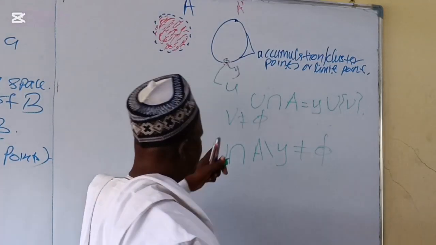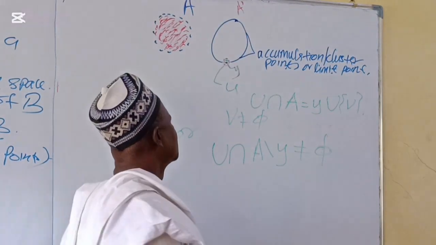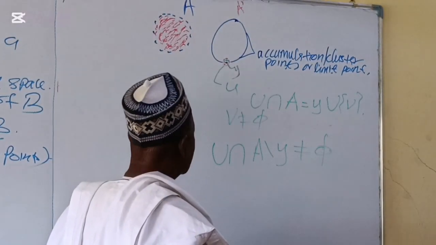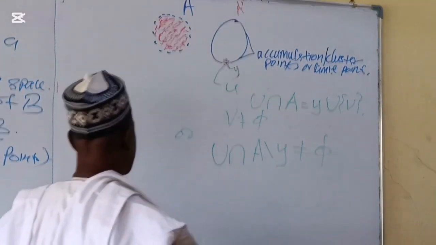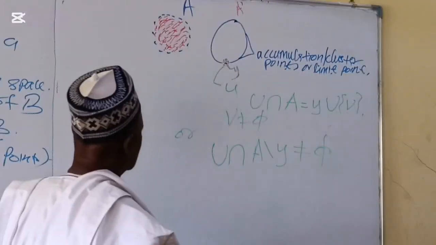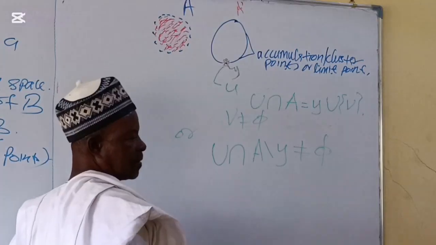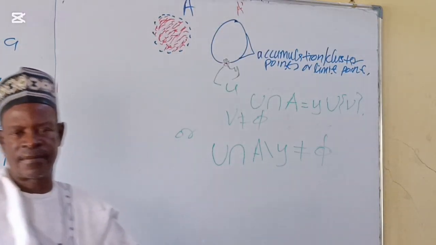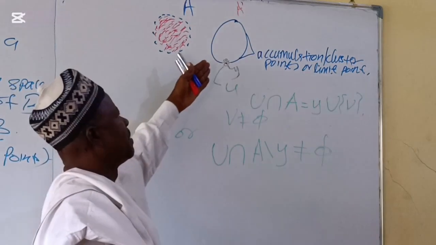Meaning there are other points apart from Y in A as a result of these limit points. So this point is called a limit point or a cluster point or an accumulation point. Is it clear?